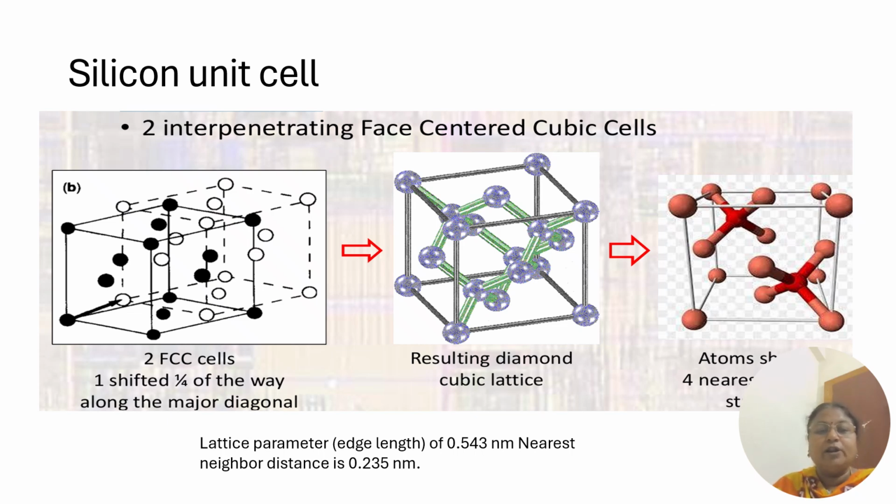If you are joining these center points, you'll be getting an equidistance. That is going to be the neighbor distance calculation. We have taken the edge length to be 0.5, and exactly by 2 of it if you take, it's going to be the neighbor distance. I think this helps you to understand the concept with respect to face-centered cubic sheets.